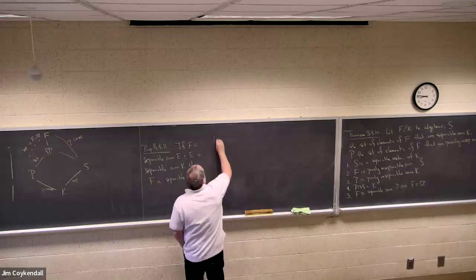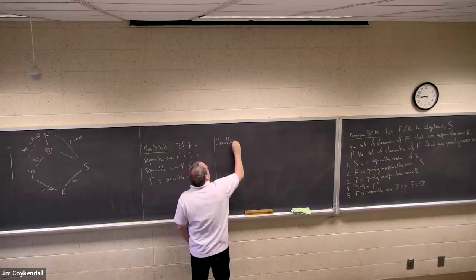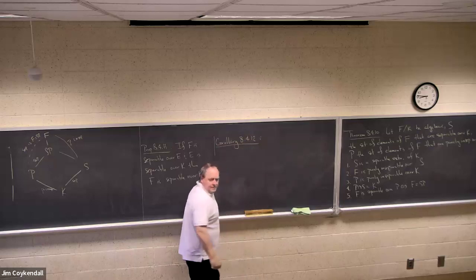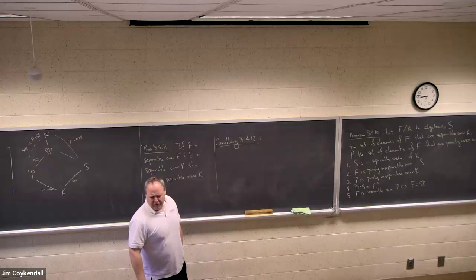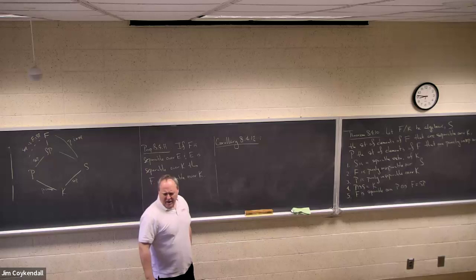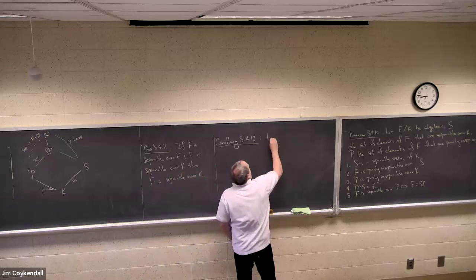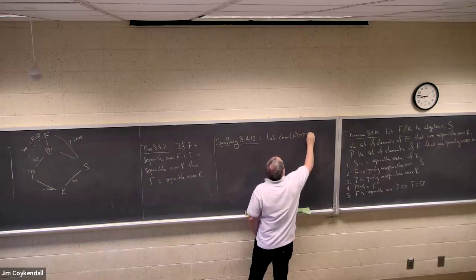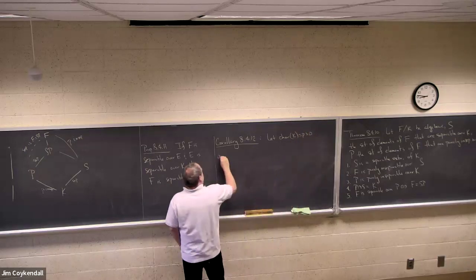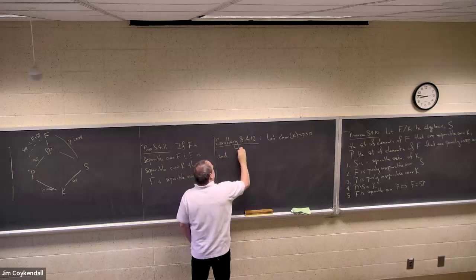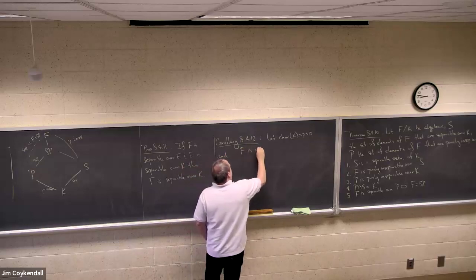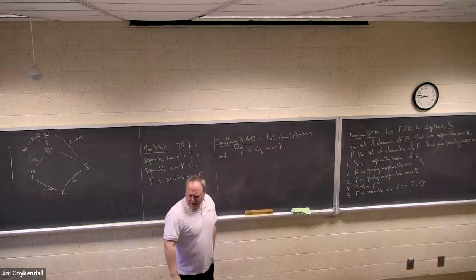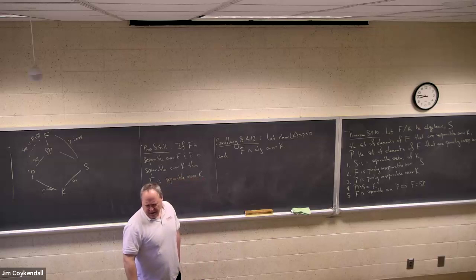Corollary. Suppose that you have a characteristic P field K, and let U be an algebraic element over said field.